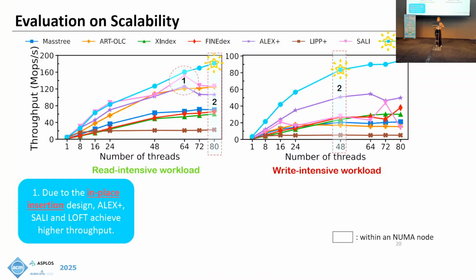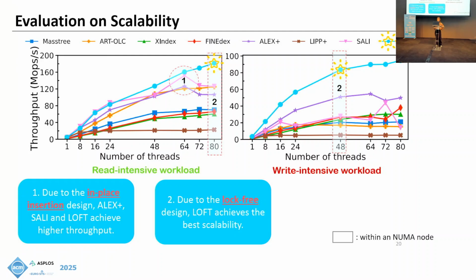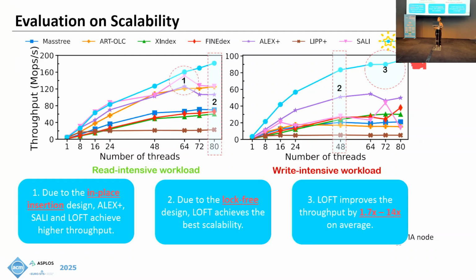And due to our log-free design, LOFT achieves the best scalability. In the read-intensive workload, it can scale to 18 threads, and in the write-intensive workloads, it can scale to 48 threads. And also combining all the designs together, LOFT improves the throughput by 1.7 times to 14 times on average.